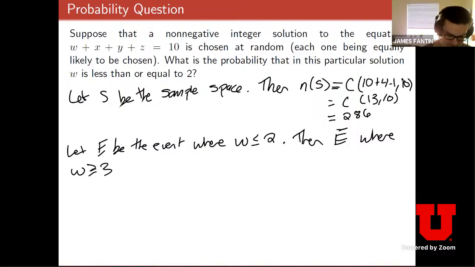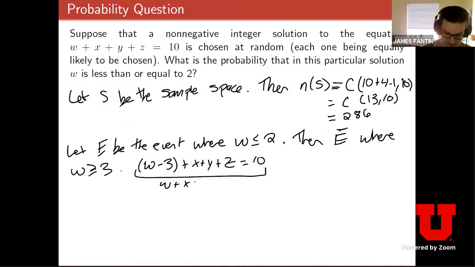And this turns out to be a lot easier to count. So how do we count this? Well, the basic idea here is we're solving where W is at least 3.